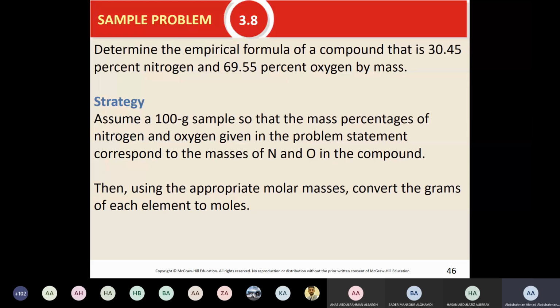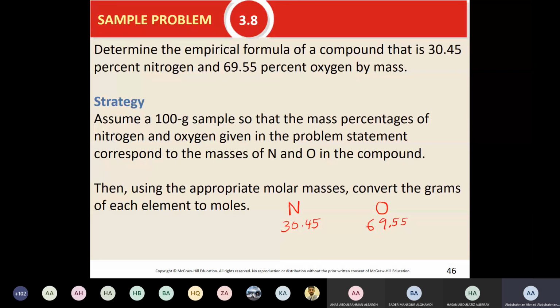If we have the masses of anything, then from the mass we can find the empirical formula. So we're going to find the empirical formula from the masses. We have in this question 2 elements, N and O. The mass percent of this one is 30.45, and this one is 69.55.